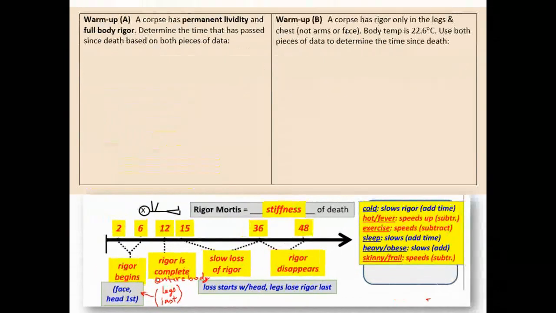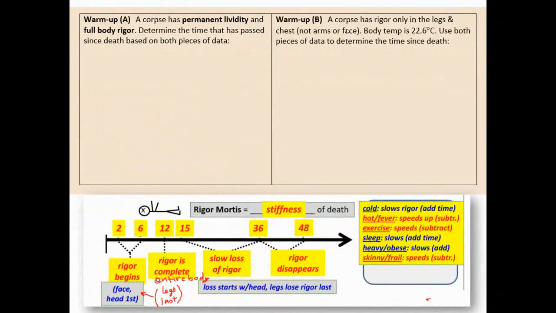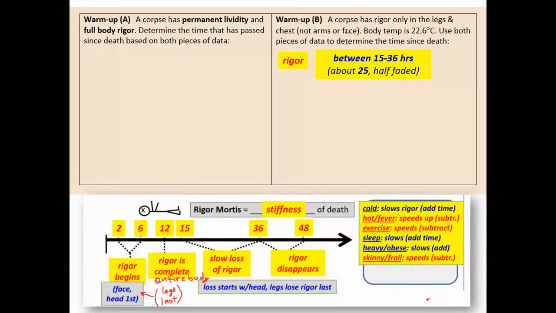Okay, warm-up B. A little more complicated. Going to have to use some math. Okay, a corpse has rigor only in the legs and chest, not arms or face. Body temperature is 22.6 degrees. Use both pieces of data to determine the time since death. All right, with the rigor, I would say between 15 to 36 hours.